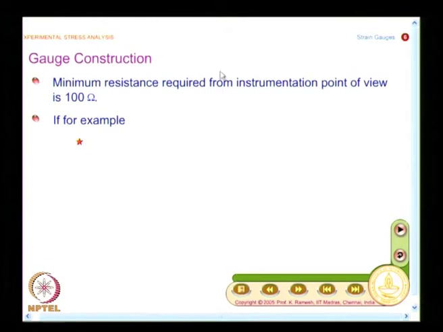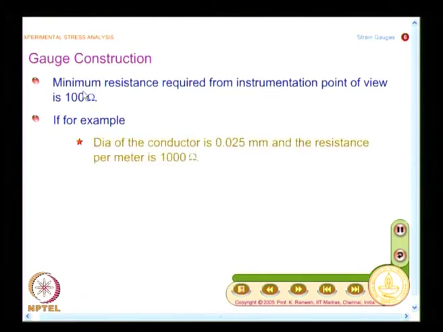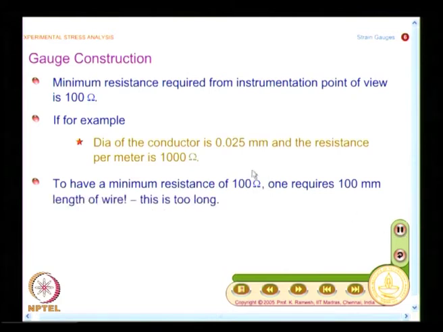for you to reliably measure. So, from the instrumentation point of view, what is the minimum resistance that you have? Reasonable to assume that you need about 100 ohms. And if you want to have 100 ohms, and if you have a diameter of the conductor as 0.025 millimeter, this was the kind of resistors that they had at that time.